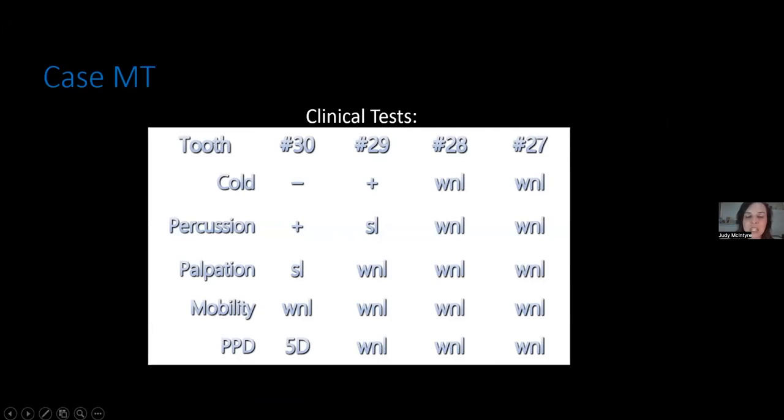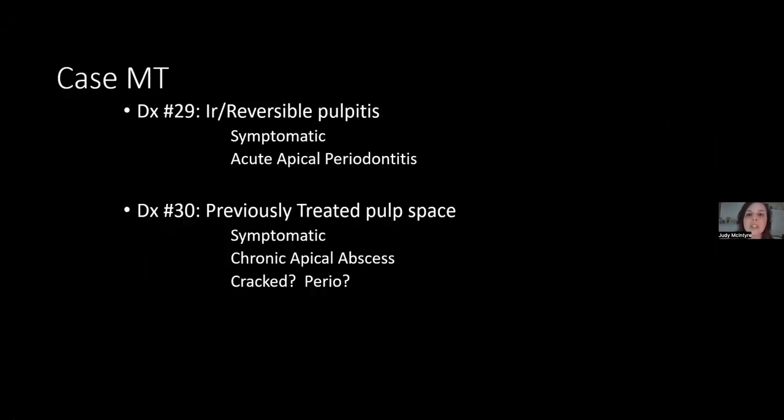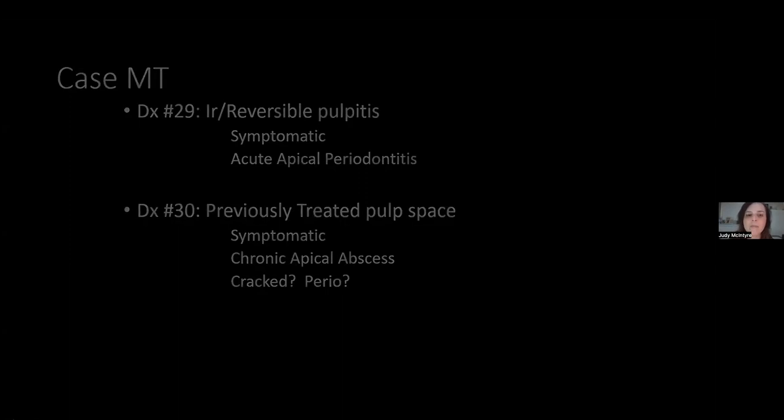So that is a limitation. And I know it is interproximally, especially when there's a bridge there. So my diagnoses are tooth number 29, irreversible pulpitis, and it could be reversible too. It's not terribly lingering. And for tooth number 30, previously treated with either an abscess, and it could be cracked, and it's also slightly symptomatic.